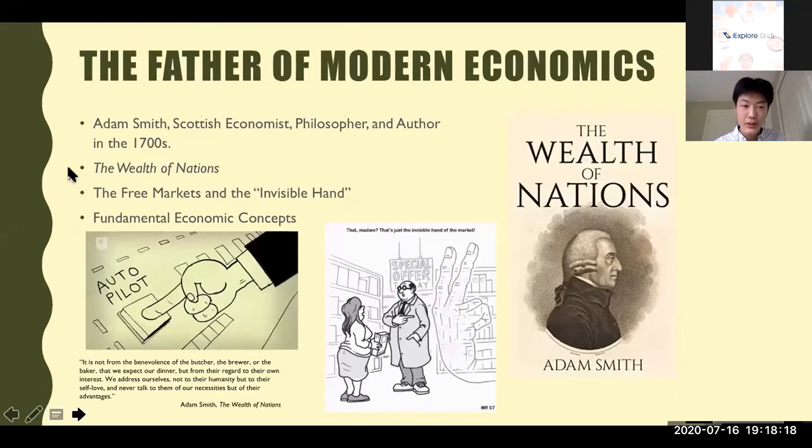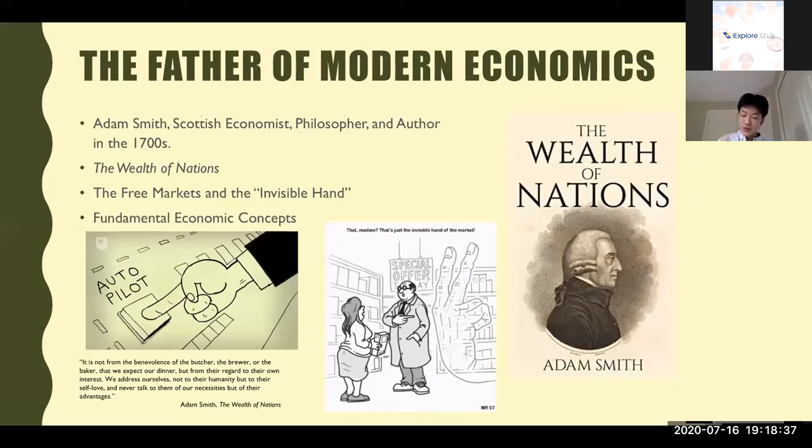And speaking of economics, we cannot avoid this person who is being called the father of modern economics. He is Adam Smith, and he was a Scottish economics philosopher and author in the 1700s.